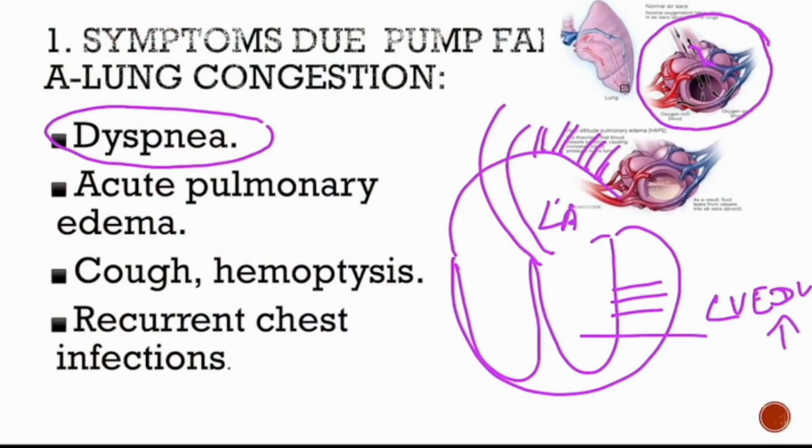This may present with cough and hemoptysis, and as the lung is congested, you can get recurrent lung infections. So remember the major symptom of pump failure, and the symptoms due to lung congestion are part of left ventricular failure. Please refer to the chapter on dyspnea to know more details.